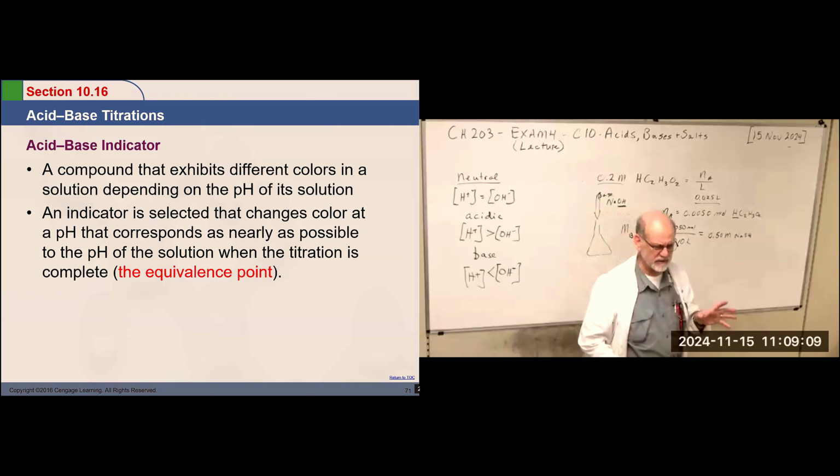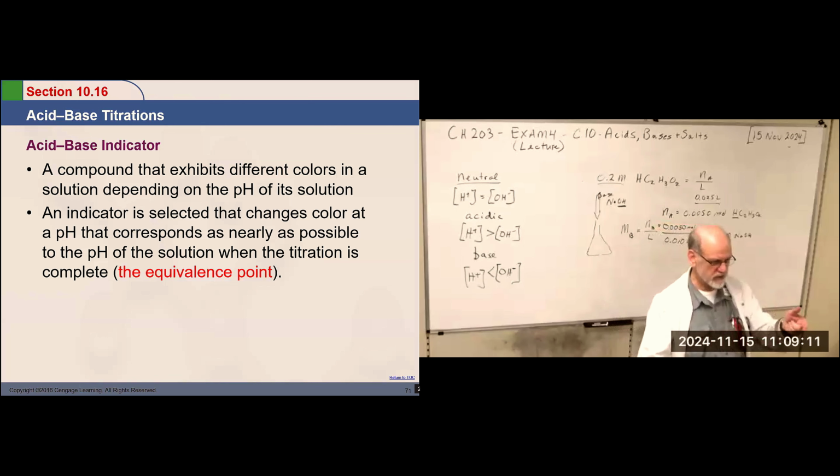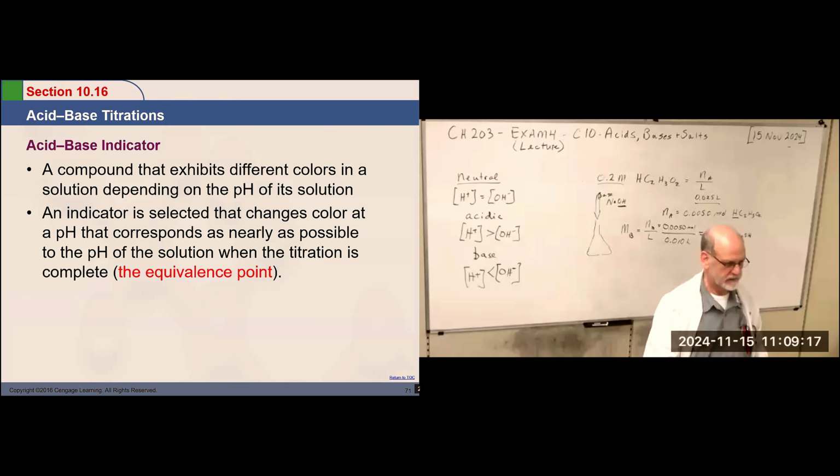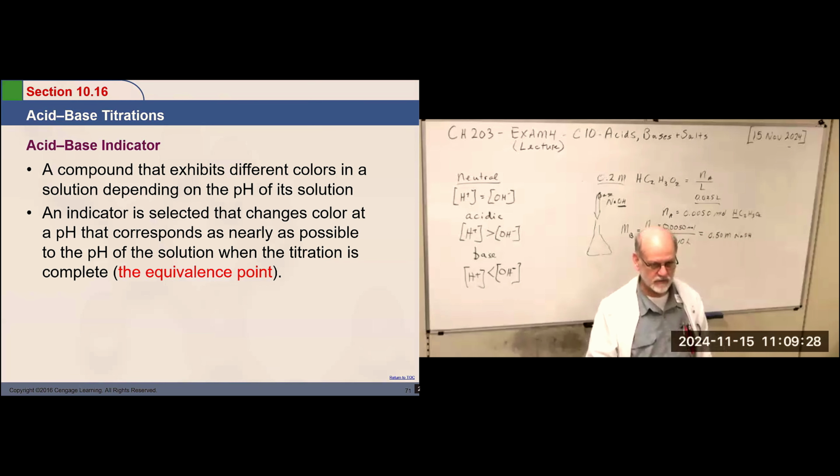And that's a whole lot more convenient than trying to measure the pH each time, especially if you're going to do 100 titrations in a day. And I've done 100, 200 in a day. So using an indicator that'll change colors when you get to the equivalence point, you can do your calculations from there.